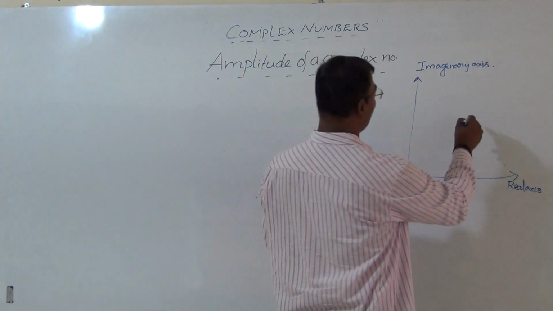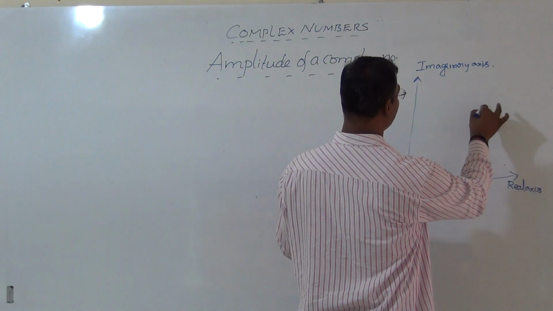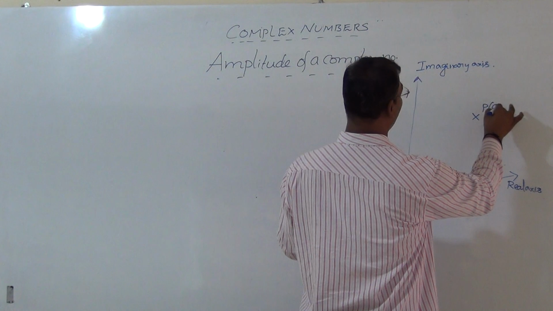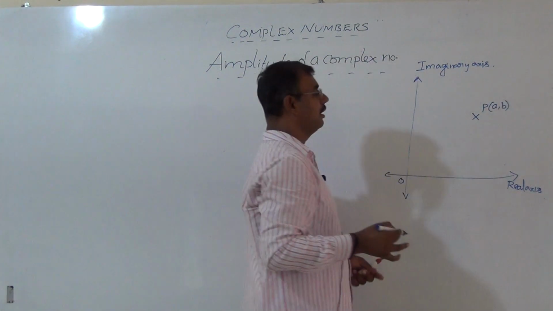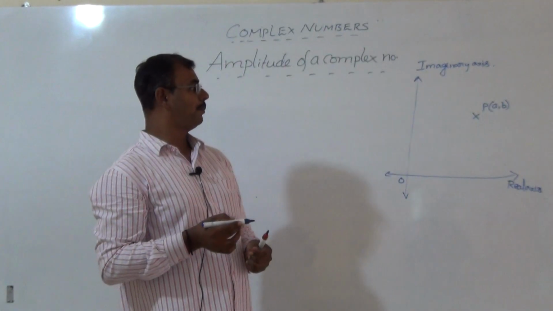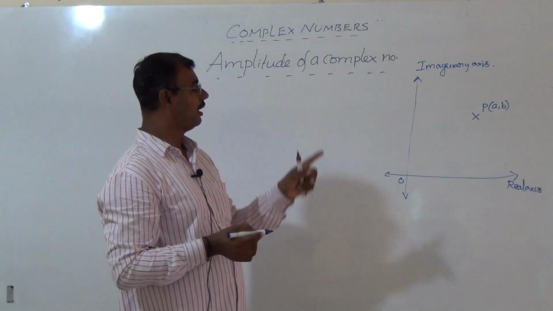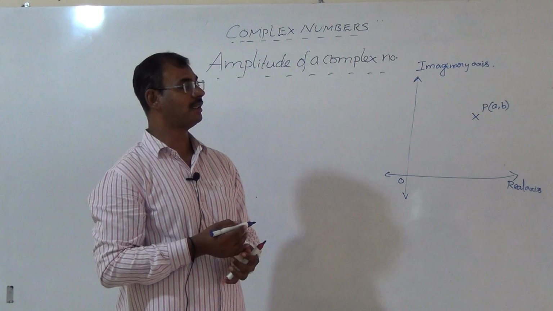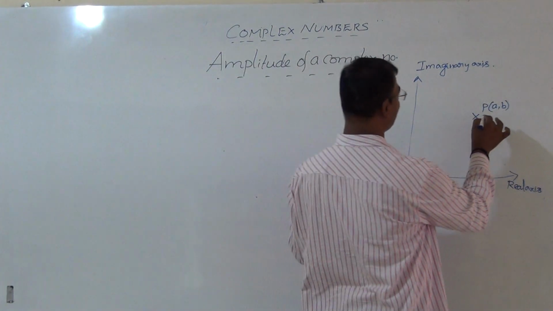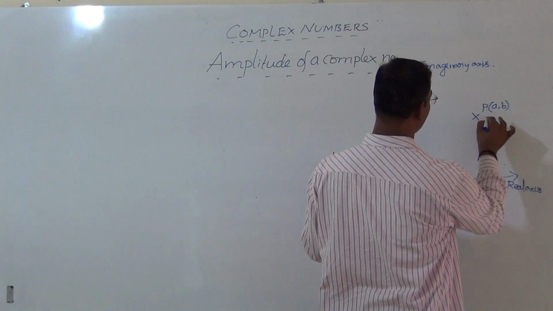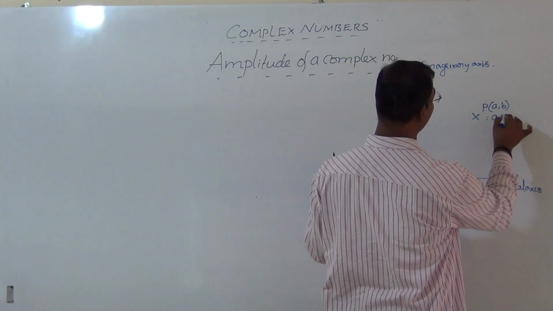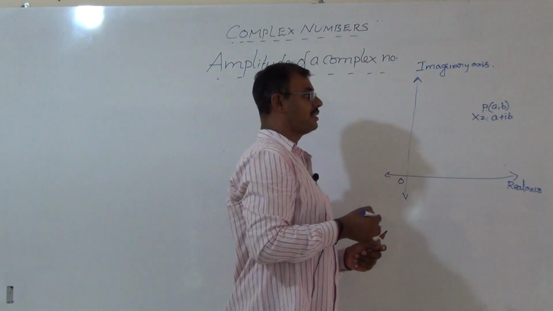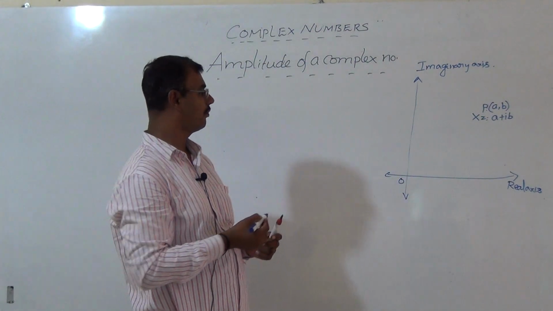Take any point P here. Let a point P (a, b) represent a complex number z. So this is how to represent it. This is nothing but a plus ib, represented in a complex plane.